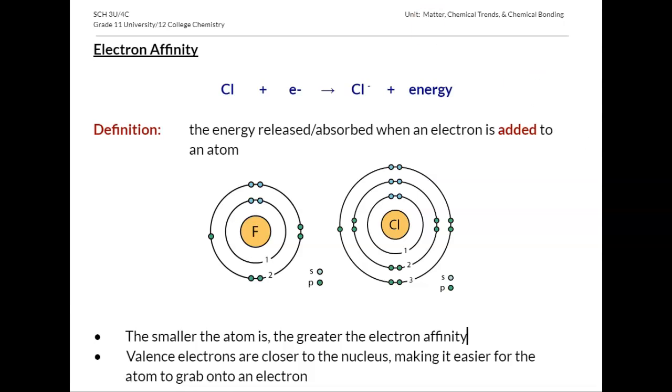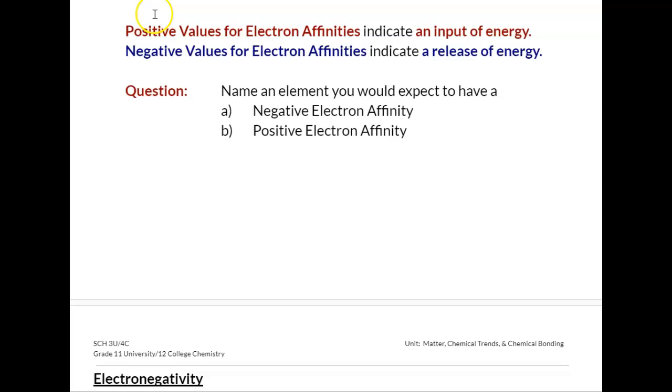Positive values for electron affinity indicate that we're putting in energy. You can think of it as a plus meaning you're adding energy. Negative values for electron affinity mean that you have a release of energy. The system is going to lose energy, its energy is going to go down.